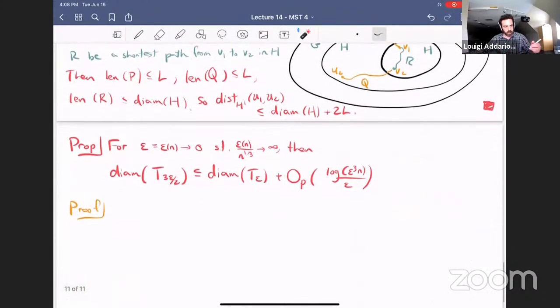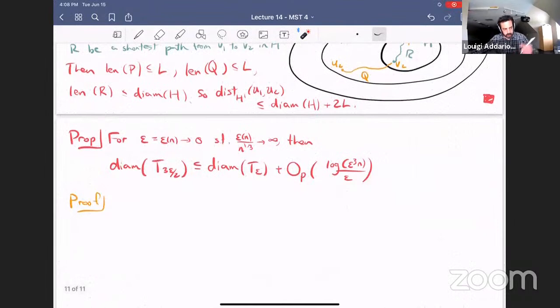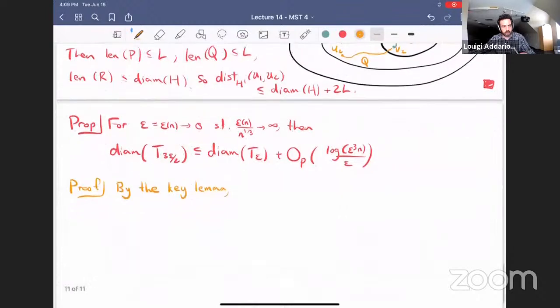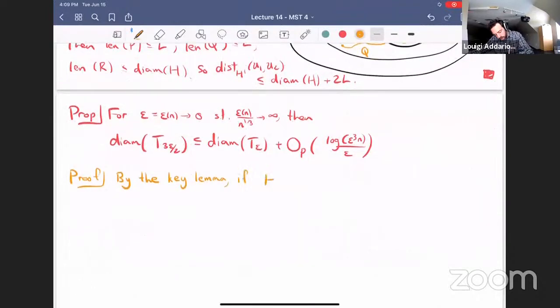Okay, so the proof of this really boils down to facts about the Addario-Berry process plus this key lemma. The key lemma tells us that, as long as h epsilon is contained in h 3 epsilon over 2, that the largest components are actually nested in this way, that's needed for the lemma.